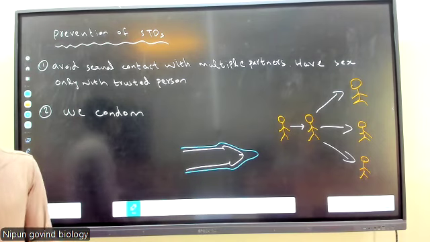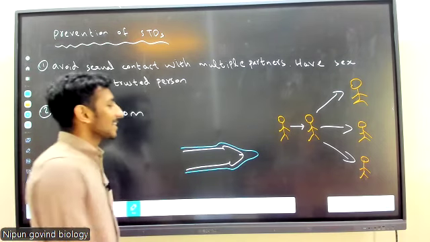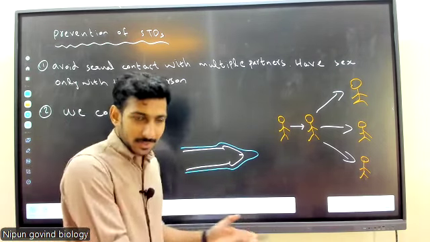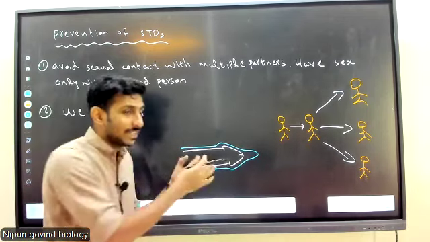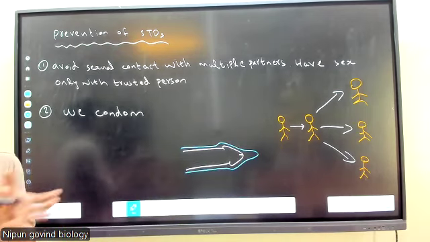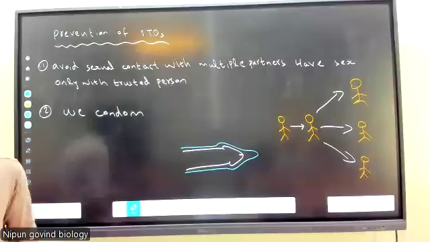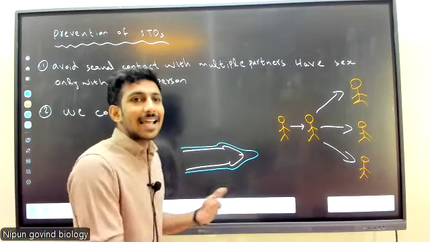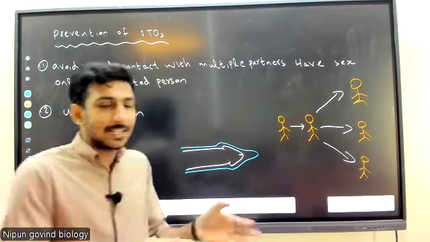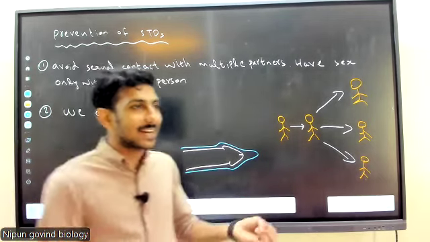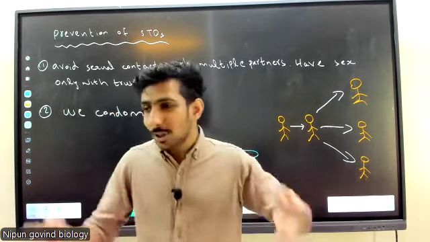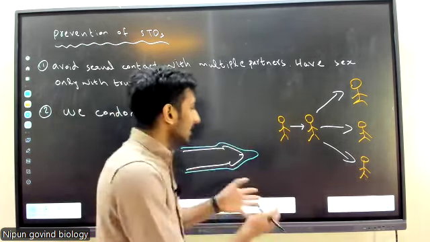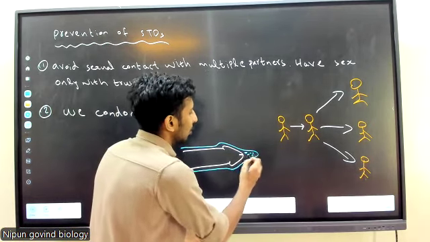It is inserted on the penis. Since it is very thin, it will not affect your sexual pleasure. You will get the pleasure, though a slight decrease will be there. Every secretion, the secretion of seminal vesicles, the secretion of the prostate gland, the secretion of the bulbourethral gland, and the sperm, everything will be collected inside that and will not go out.